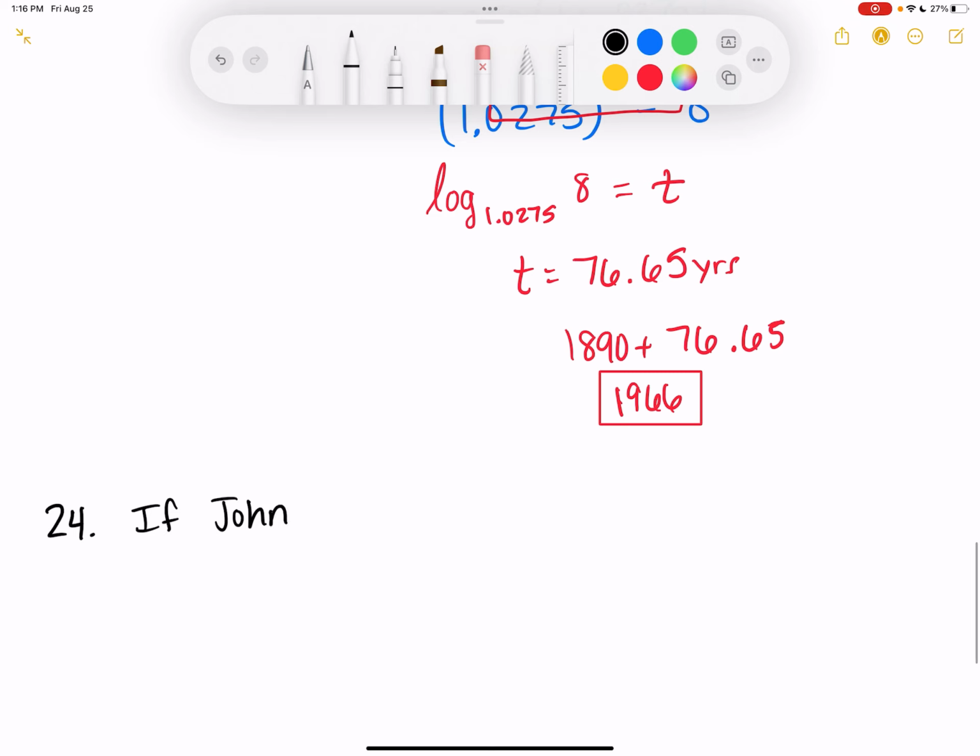My parents were born in 70. Okay, my parents are just young then. Well, they did have me young.